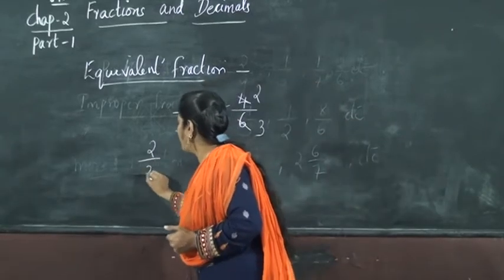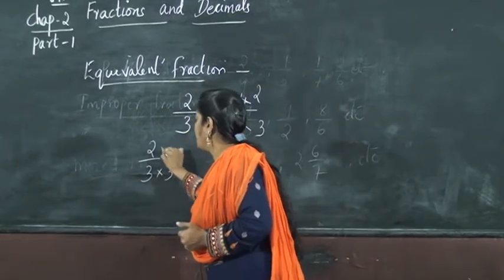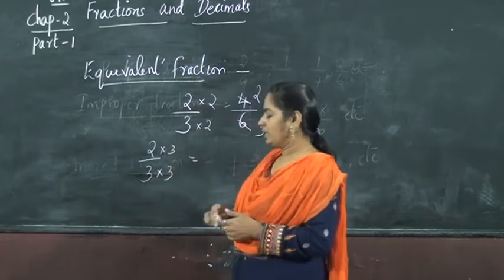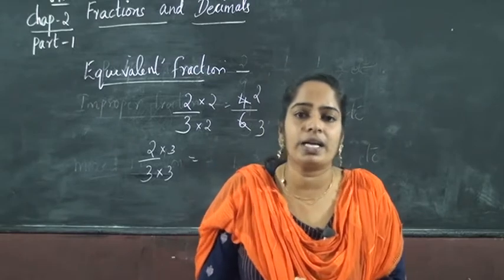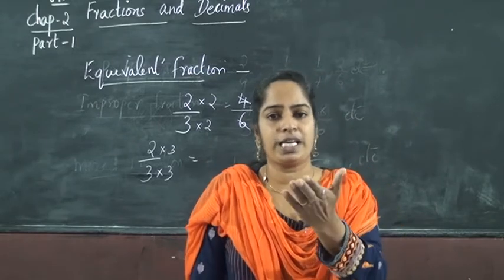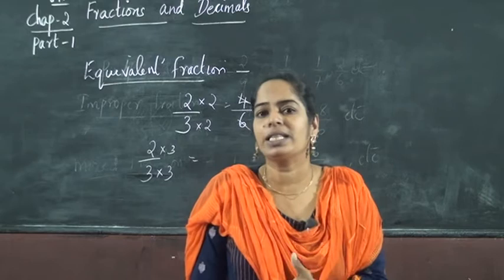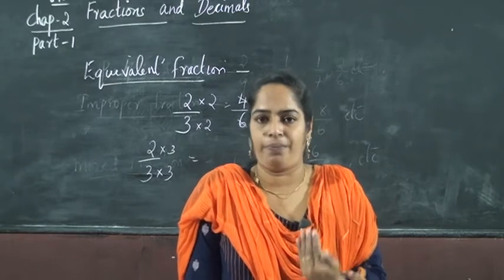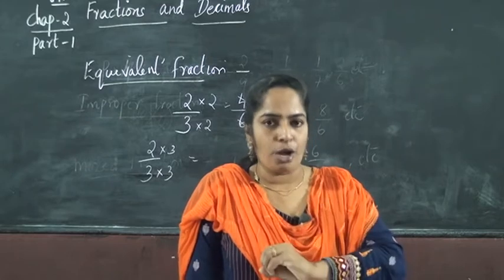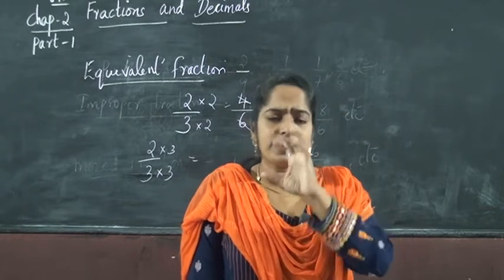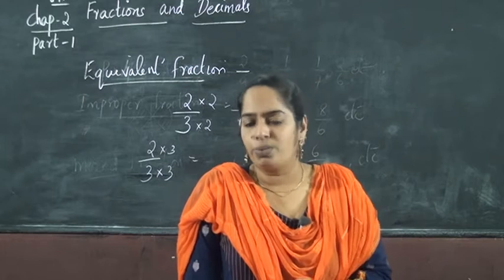So when I multiply 2/3 by 3, the number 3 multiplied in the denominator must also be multiplied in the numerator. Otherwise they are not equivalent fractions. When you multiply a number in the denominator, you must multiply the same number in the numerator also.